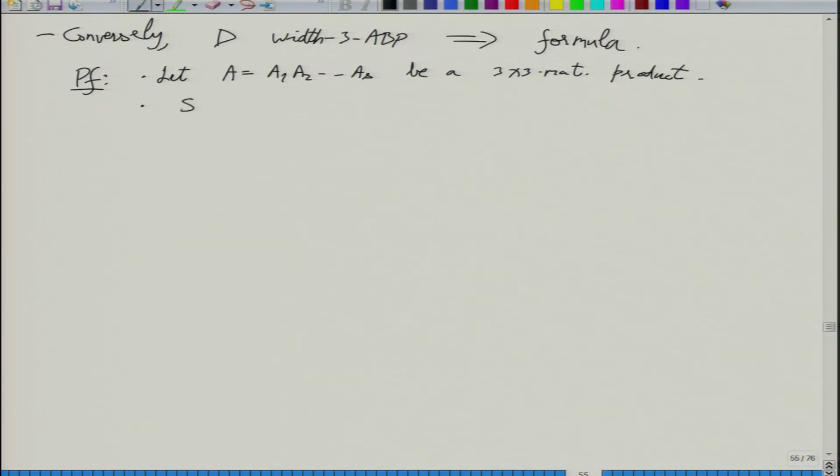Suppose we have the left product, which is A1 dot dot A S by 2, and the right product, which is A S by 2 plus 1 dot dot AS. So you have these two halves already recursively solved, and you have L and R.